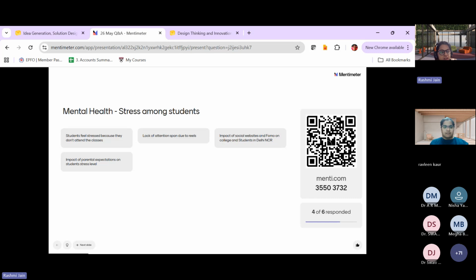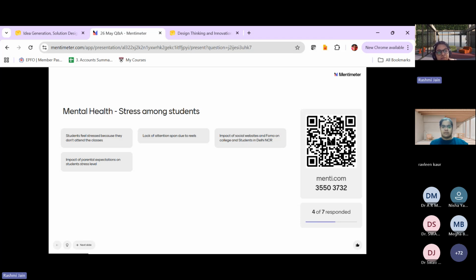Impact of parental expectations on students' stress level. Yeah. In this case, your audience will become parents as well as the students, so you can run your survey with both of them.